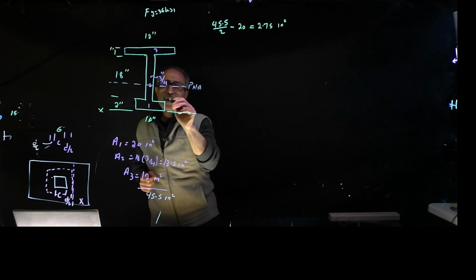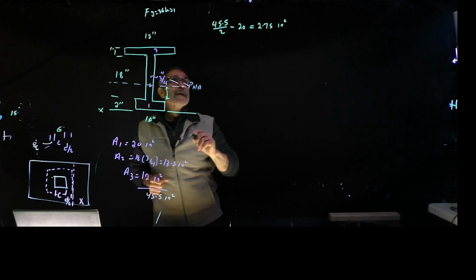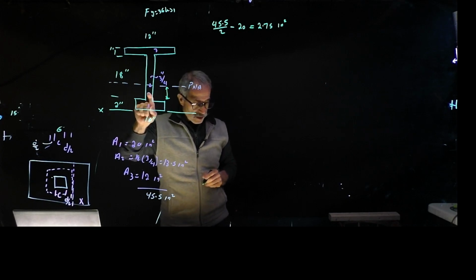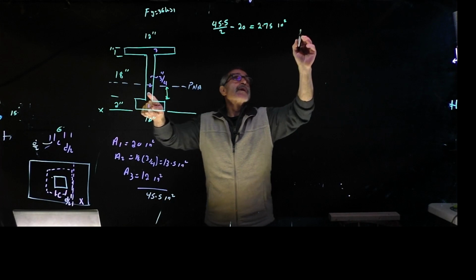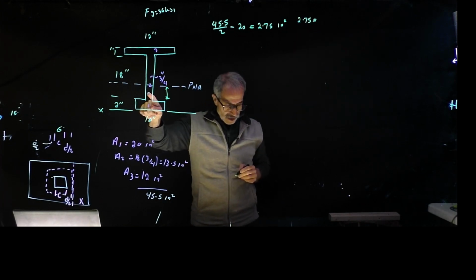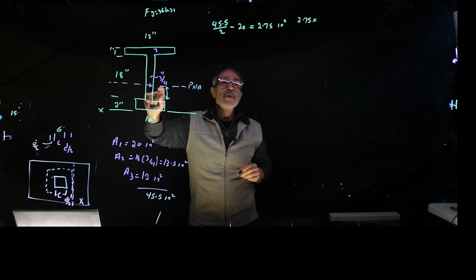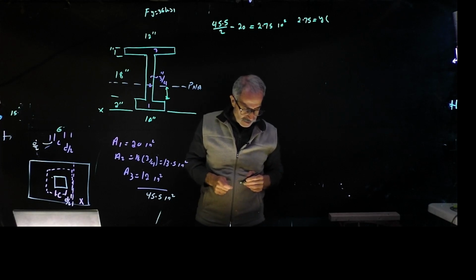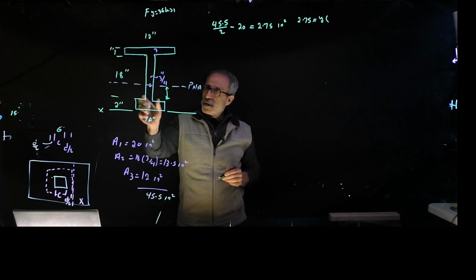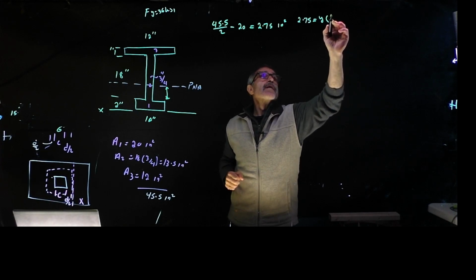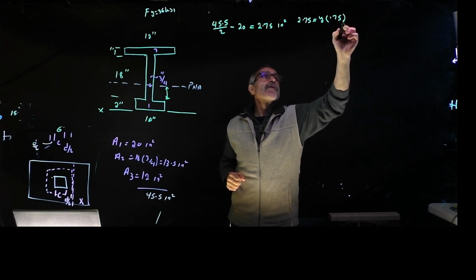So what is this distance I'm looking for? This distance right here. We know that's a 3/4 inch. So 2.75 is equal to this distance y, which I don't know, times 3/4 inch, which is 0.75.